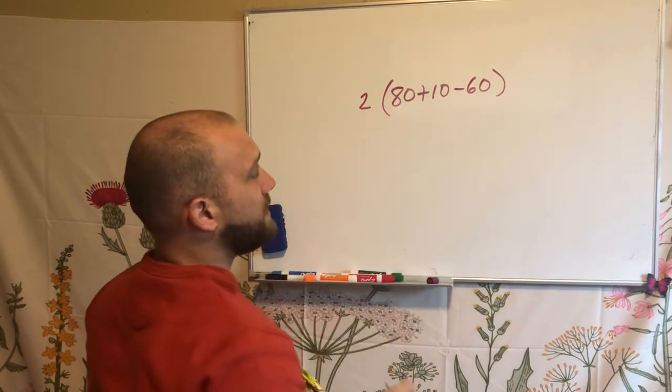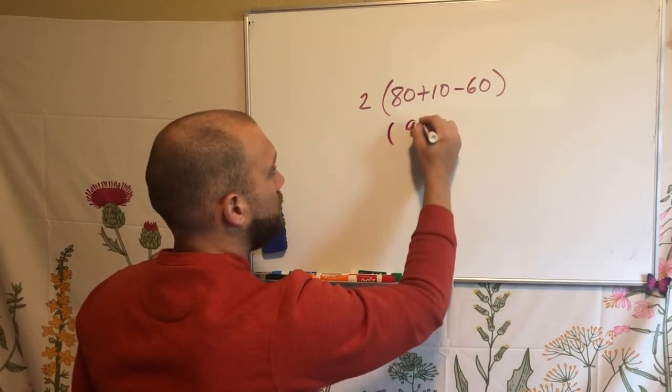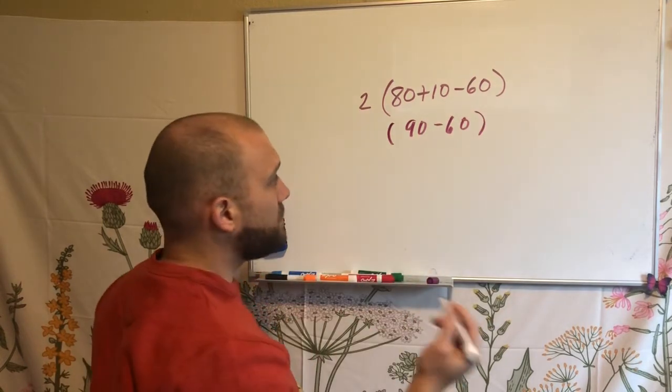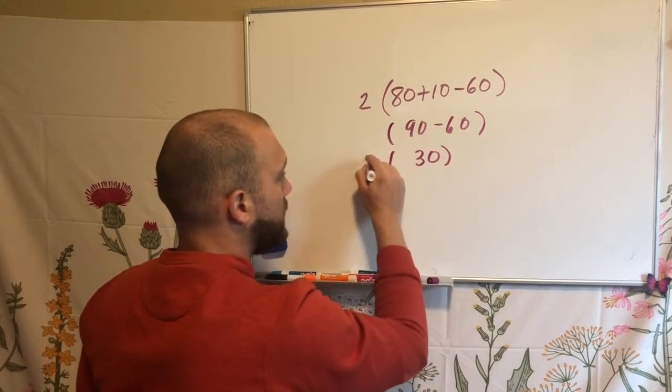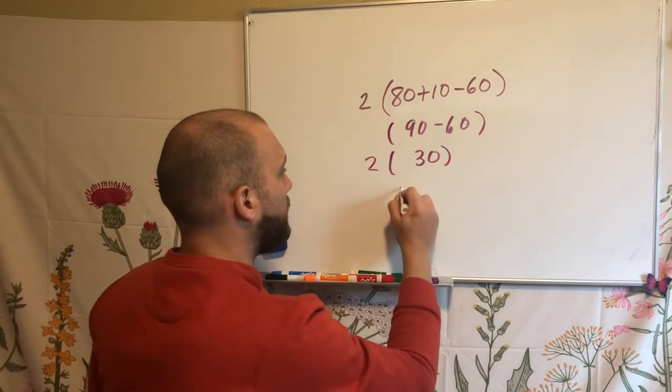So what's 80 plus 10? 90. So now I have 90 minus 60. And what's 90 minus 60? 30. What's on the outside? Let's not forget our 2. What's 2 times 30? 60.